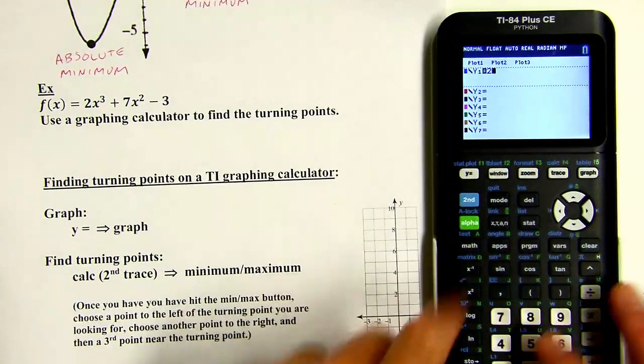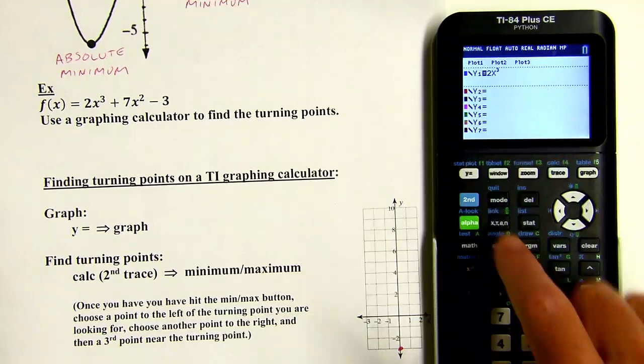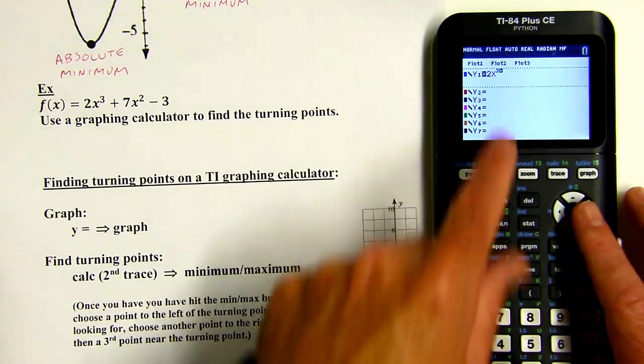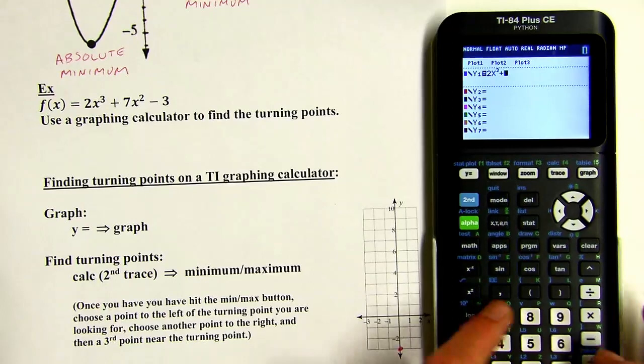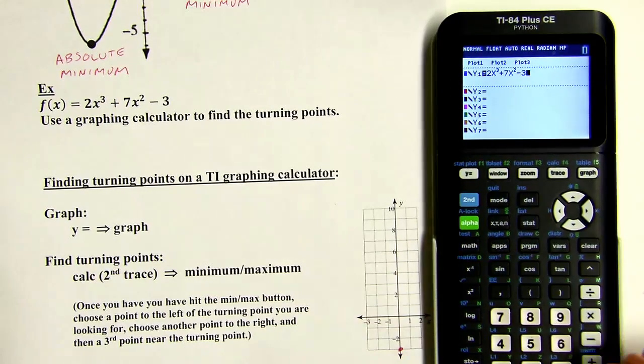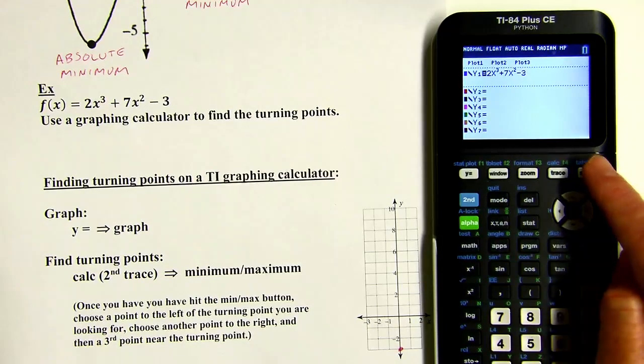All right, I'm doing 2x to the third, and when you type in your x, you want to use this variable button right there, right below mode. Okay, and then let's see, plus 7x squared minus 3. Okay, and once you got that in there, then hit the graph button in the top right.